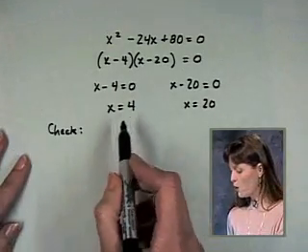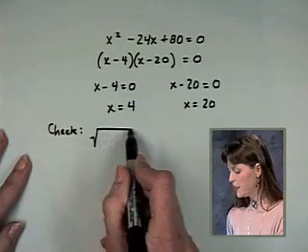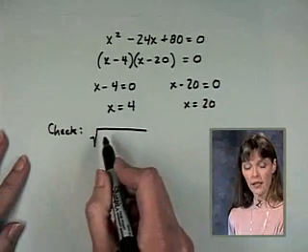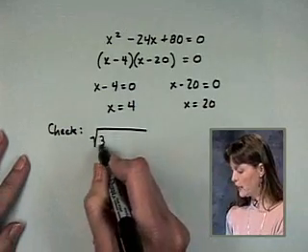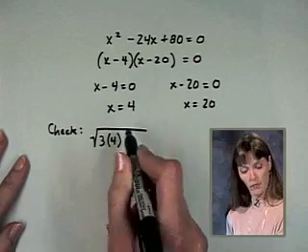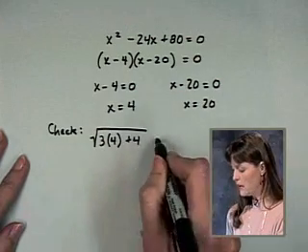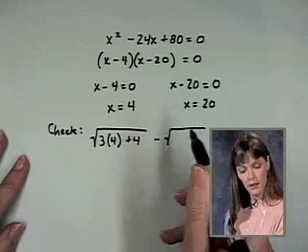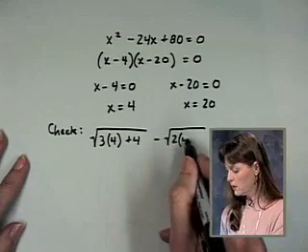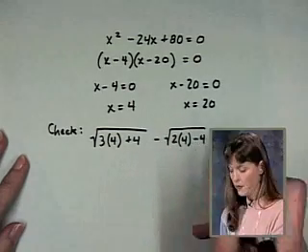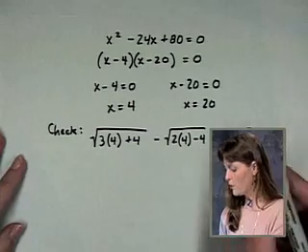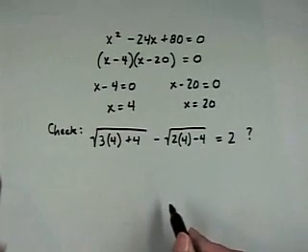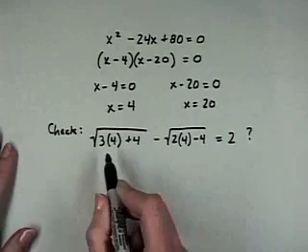To do so, we're going to take 4 and replace x in our original equation. That would give us the square root of 3 times 4 plus 4, minus the square root of 2 times 4 minus 4. And what we're trying to discover is whether we actually get the solution of 2. Let's evaluate this.